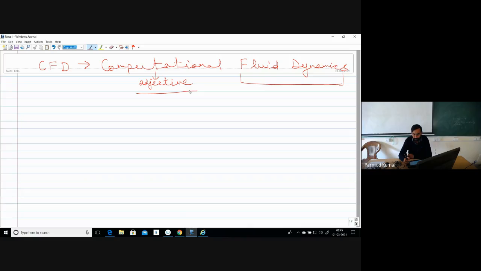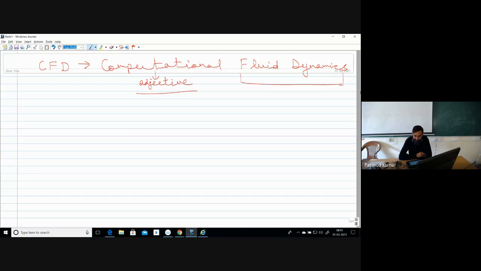Then we have another approach, where we develop an experimental setup, employ certain instruments in it, and try to experimentally measure the required set of properties. And the third approach is the computational approach, where we find the solution of our governing equations using computational techniques. That is particularly what we call computational fluid dynamics.